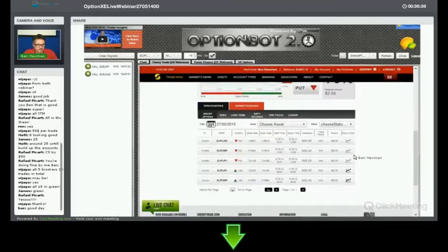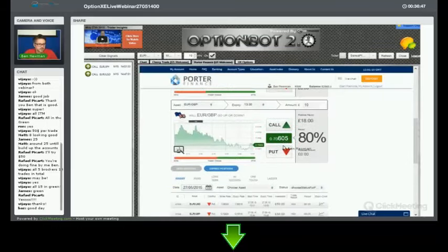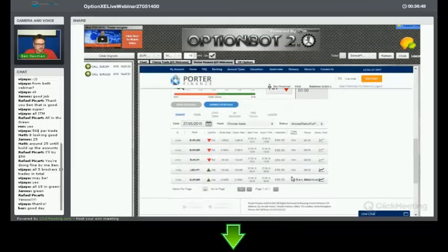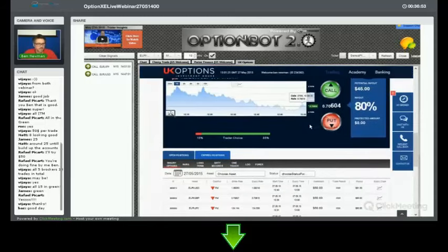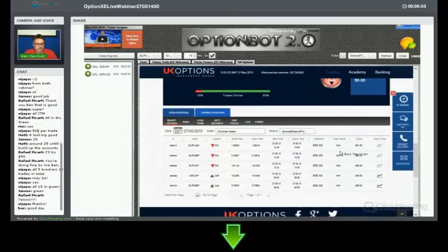There we go. That shows on Cherry Trade we've got 1, 2, 3, 4, 5 successful trades for the day. On Porter Finance we've got 5 successful trades for the day, and on UK Options, there you go, 5 successful trades. So an excellent day.